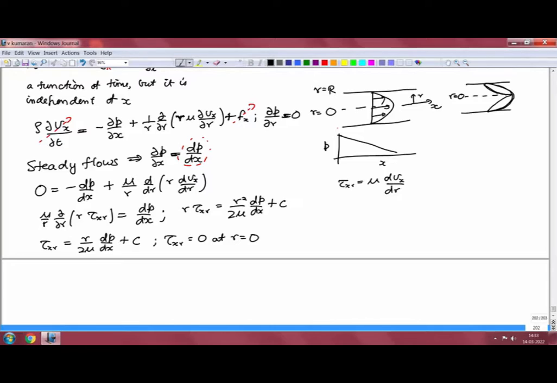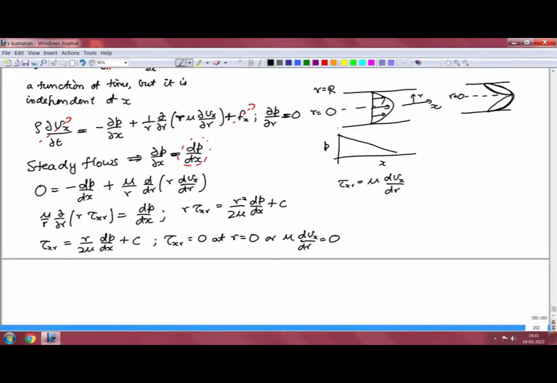And therefore, this tau xr has to be equal to 0, or mu dvx by dr has to be equal to 0. The shear stress has to be 0 at the axis, or the velocity gradient has to be 0 at the axis, and therefore, the velocity profile has a maximum at the axis.